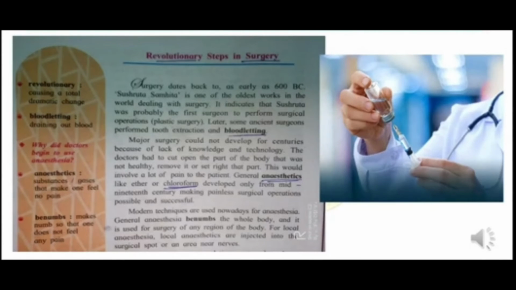For example, if you have any teeth problem, or if you are doing a root canal, you see that the dentist injects anesthesia so that you don't feel the pain while doing that teeth surgery or any surgery that you do.